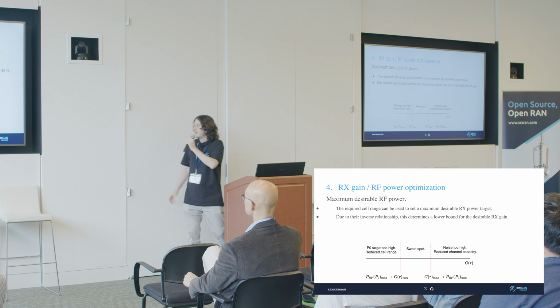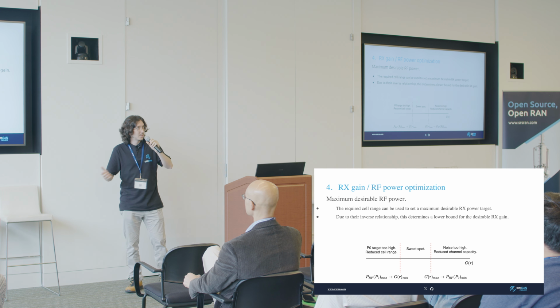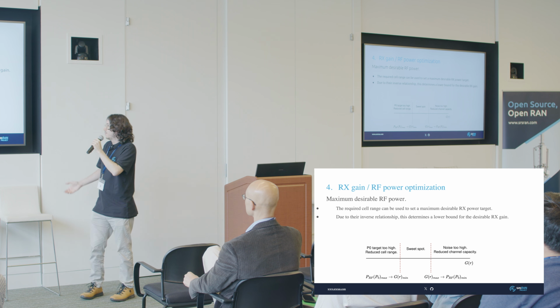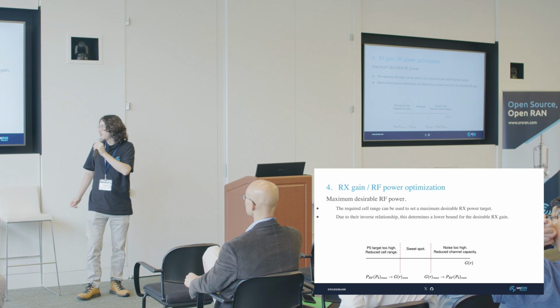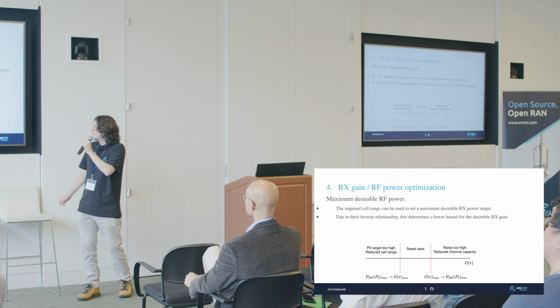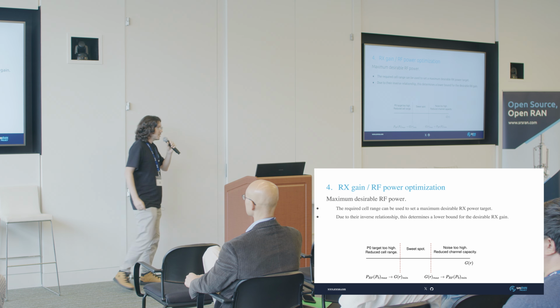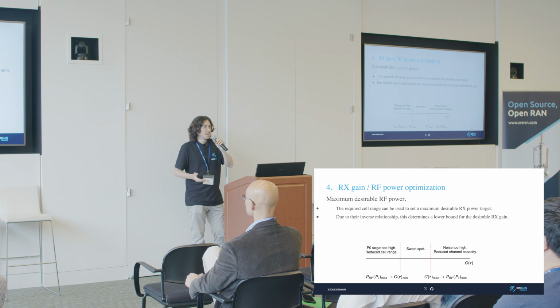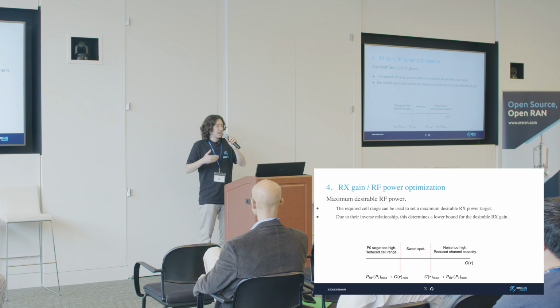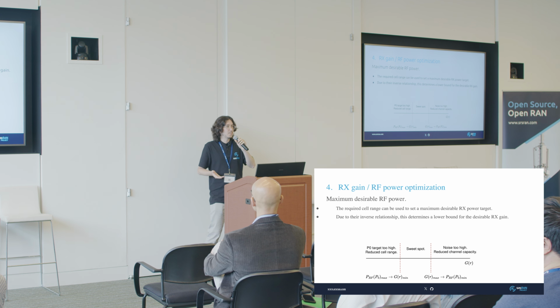So, as part of our cell planning, or our initial planning when we decide how to set the system up, we need to consider that I probably cannot expect the power at the input to go above a specific level, because the UE is going to have a lot of issues trying to reach this power level.